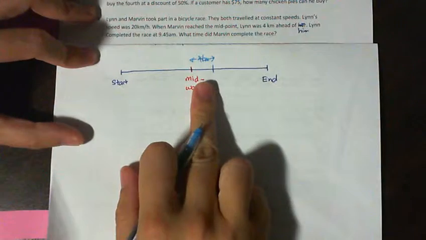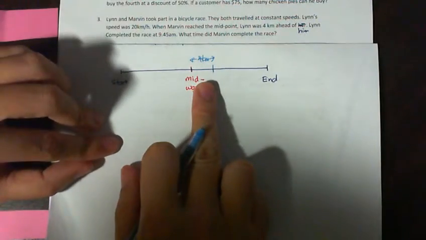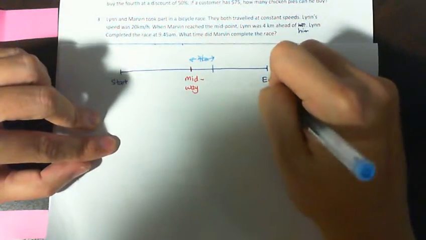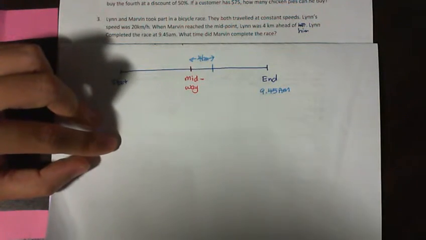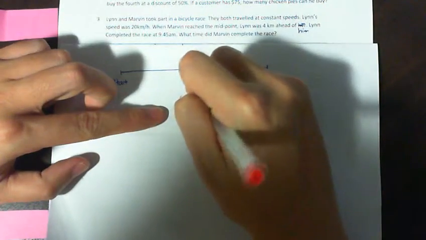Now when Lynn finished at 9:45 a.m., frankly we don't know how far Marvin was. We really have no idea, because midway for this case is Marvin. We can't tell.